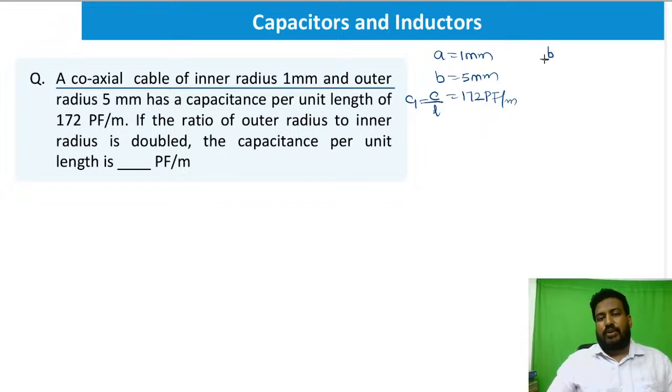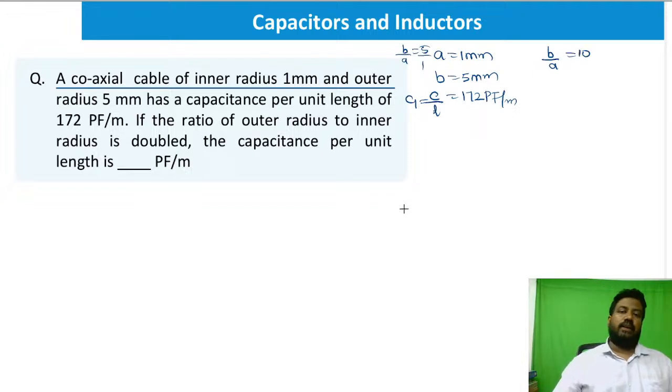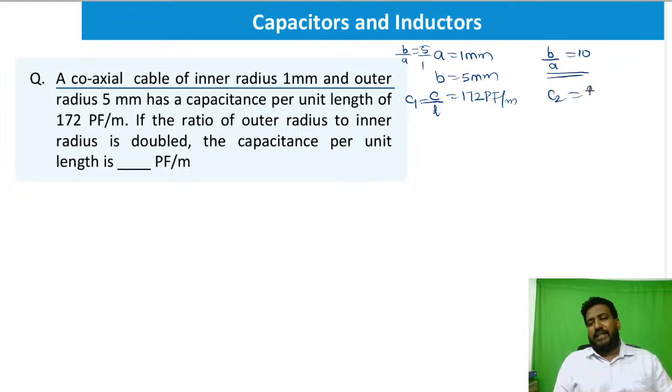If the outer radius to inner radius ratio is doubled, what is the present one? B by A is 5 by 1, which is 5. Doubled means 10. If this ratio is doubled, find C2.